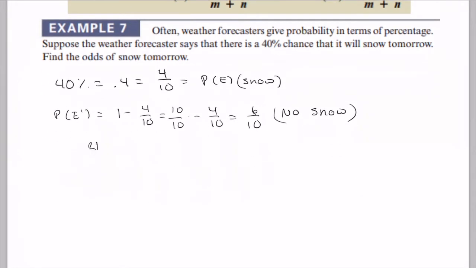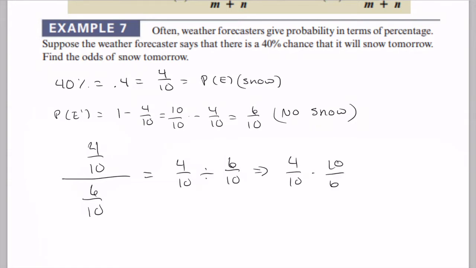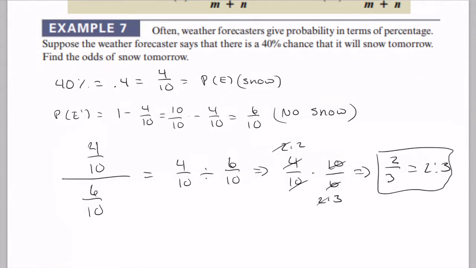So we have 4 over 10 over 6 over 10 equals 4 over 10 divided by 6 over 10, which can be rewritten as 4 over 10 times 10 over 6. And we have 2/3, which equals 2 to 3. Okay?